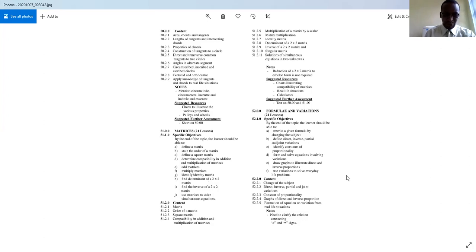Nine, you should be able to find the inverse of a 2x2 matrix. And ten, you should be able to use matrices to solve simultaneous equations. So we have those objectives. Actually, there are 10. We have those objectives, which will help us to go through this topic.